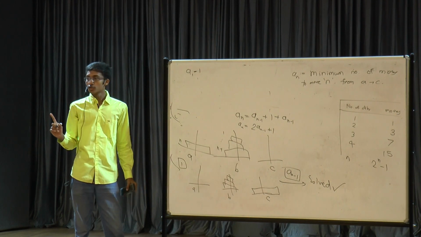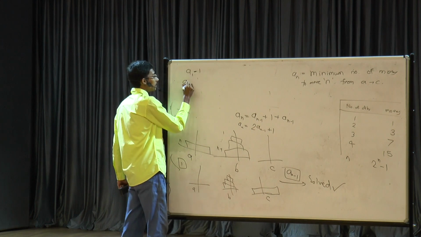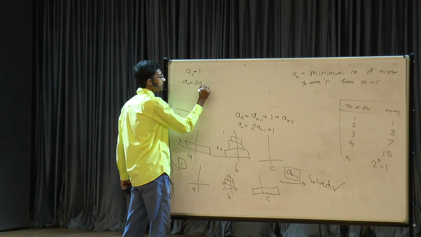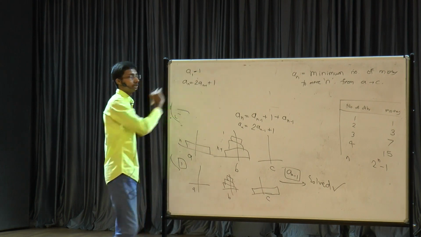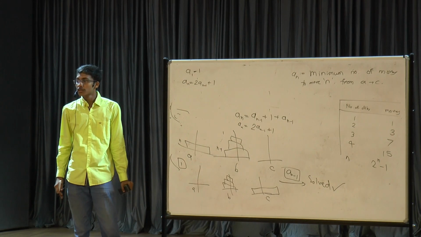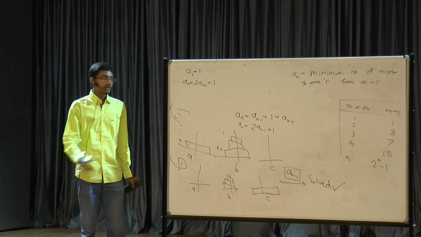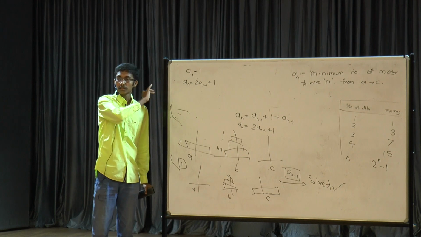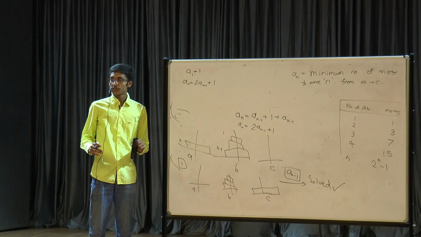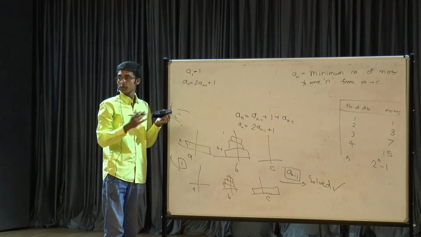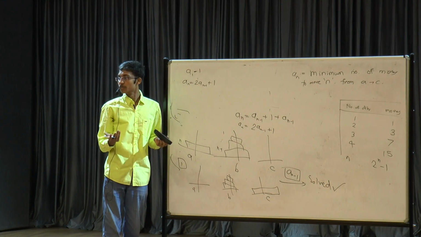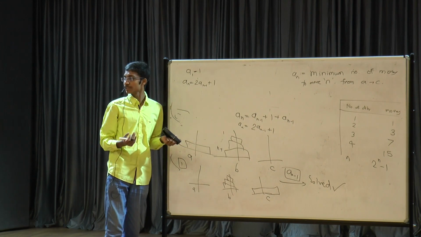This I know. Do you agree that this much information is enough to determine the entire sequence? Telling you the first term and giving this relation gives me the entire sequence, right? So this should be enough to get the general form because this defines the sequence completely.